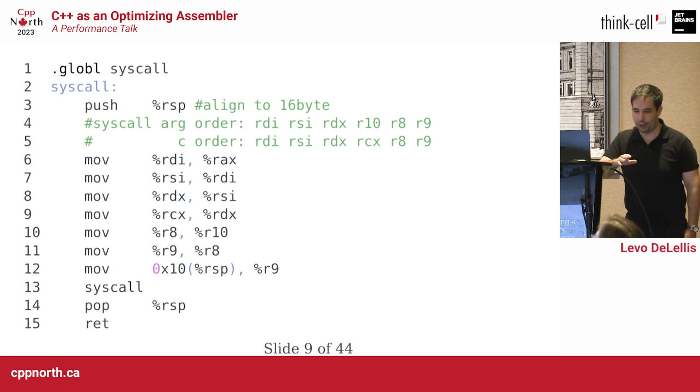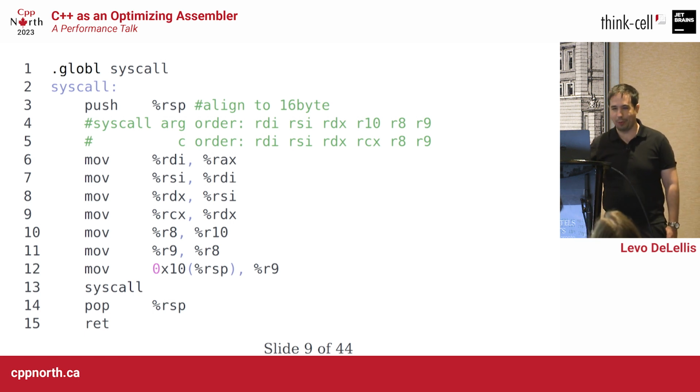The only part of this function that could be slow is line 13, which is the system call, because the system call you're making might not be in L1 cache. So at minimum, you're going to be waiting for the L2 cache or even main memory, which is even slower. It's probably not going to be in main memory, but that's the only thing that's slow, and there's nothing to optimize in this function.